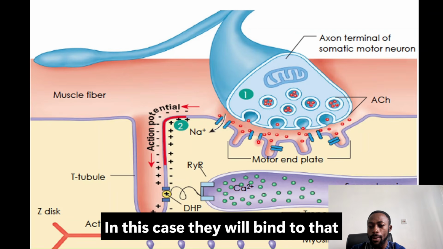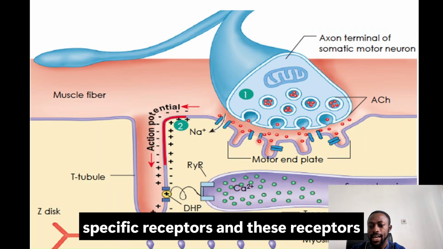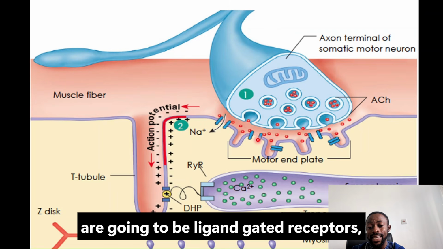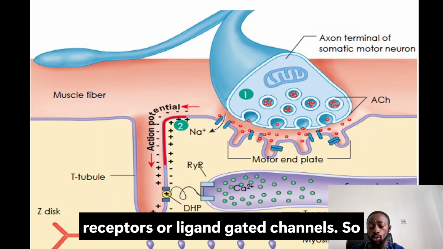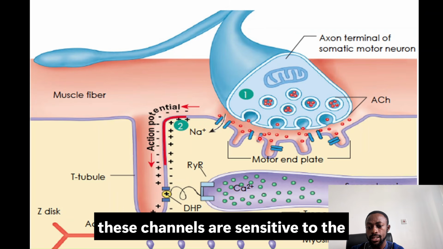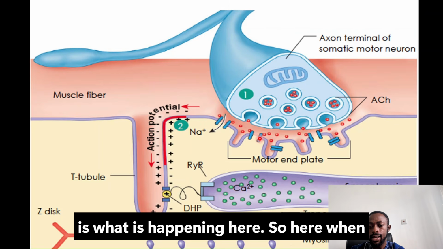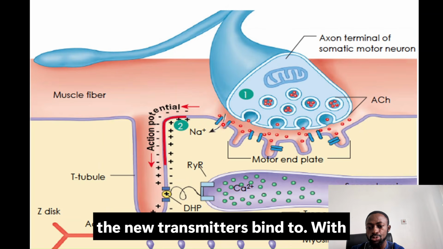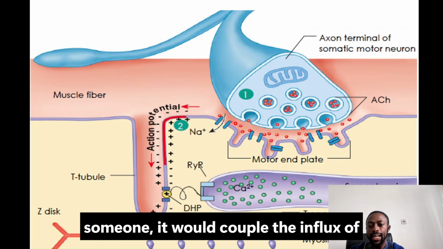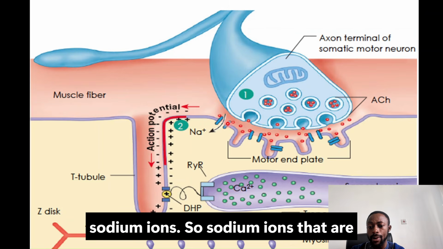In this case, they will bind to their specific receptors, and these are going to be ligand-gated receptors or ligand-gated channels. So these channels are sensitive to the binding of a neurotransmitter. An example is what is happening here. When the neurotransmitters bind to this channel, it couples the influx of sodium ions.